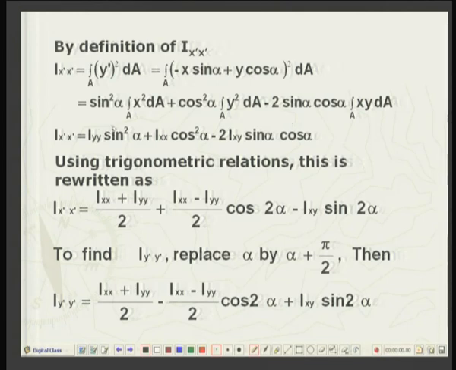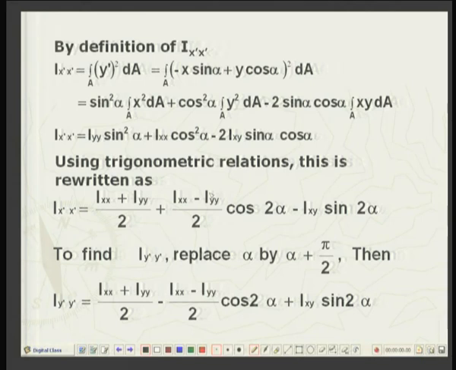Sine square alpha and cosine square alpha can be expressed in terms of cosine 2 alpha through trigonometric identities, and after simplification it is very easy to come to this final result, that is Ix dash x dash is equal to Ixx plus Iyy divided by 2, plus Ixx minus Iyy divided by 2 into cosine 2 alpha, minus Ixy times sine 2 alpha, since 2 times sine alpha cosine alpha is easily given in terms of sine 2 alpha.